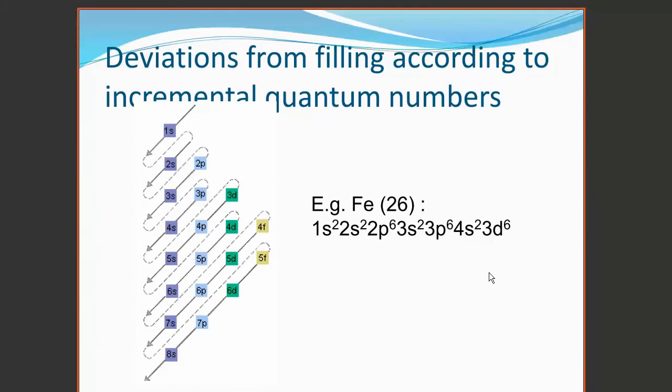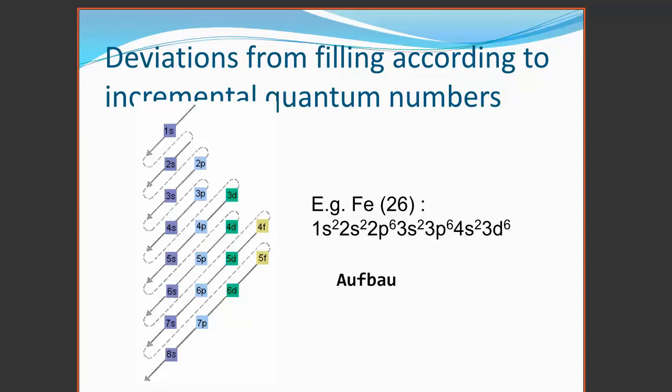These variations are nicely indicated using what is known as the Aufbau diagram. The Aufbau diagram has been applied to determining the ground state of the iron atom.